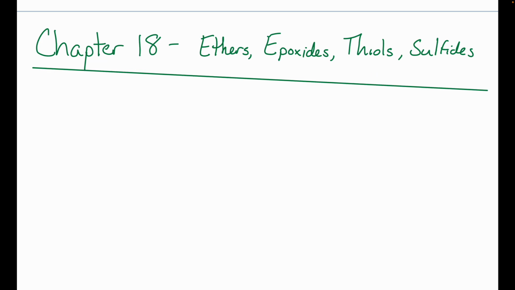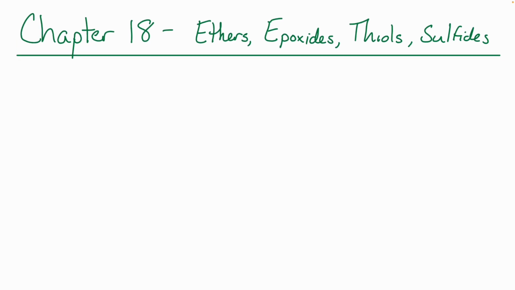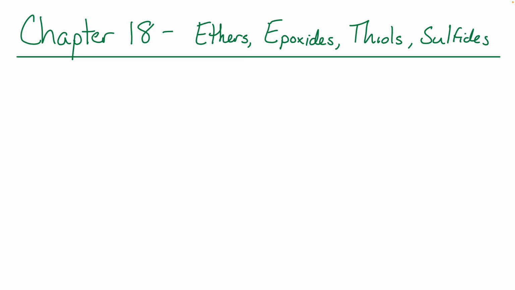First of all, let's take a look at what each one of these functional groups looks like. An ether is our oxygen-based functional group, but importantly, when oxygen is sandwiched in between two carbons. An epoxide is actually just an ether, but a very specific type of ether where that oxygen is arranged with those carbons into a three-membered ring.